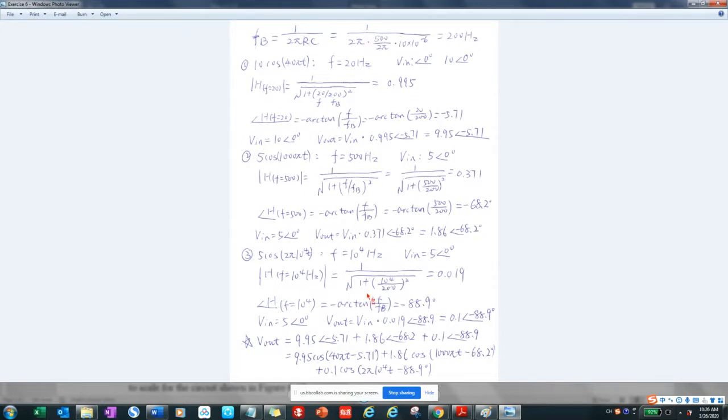We plug in the formula to calculate the magnitude of the transfer function, 1 over square root of 1 plus F over FB squared. F now is 10 to the power of 4. FB is 200. Now you can see at the bottom, the value is much higher. Then we get the magnitude is 0.019. So you can see this magnitude is very small for the transfer function.